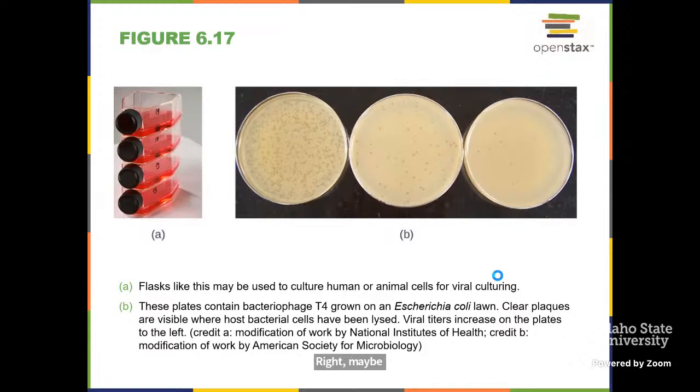We call it a fusion. That indicates potential viral infection. The fluid basically keeps those animal cells alive, and you can watch the progression of it and see whether there's infection or not.